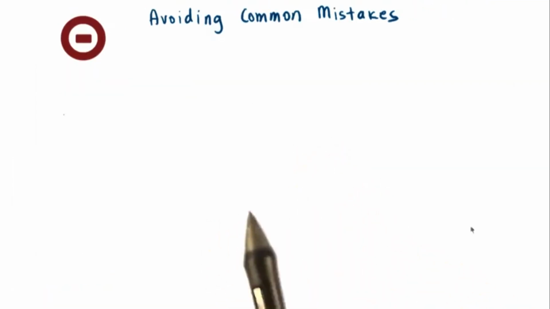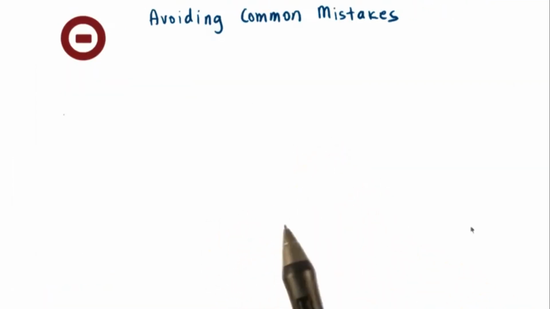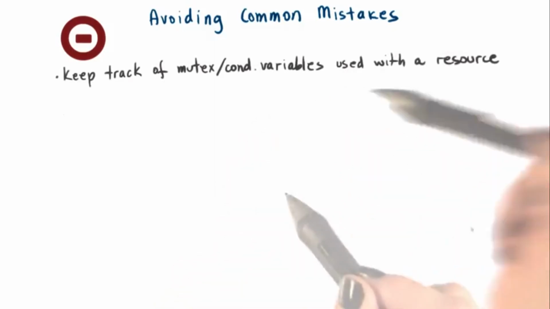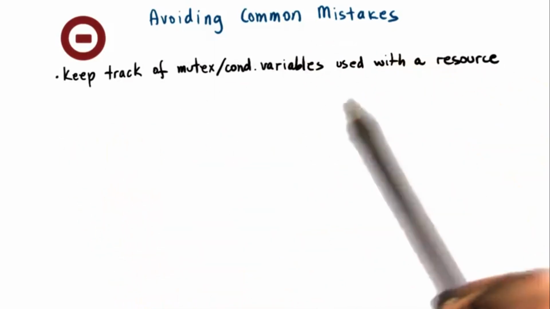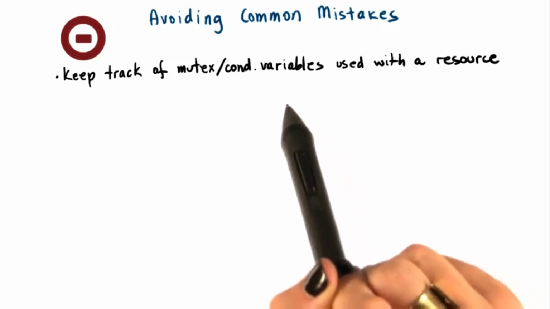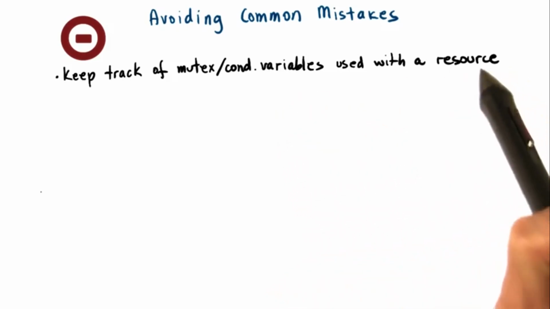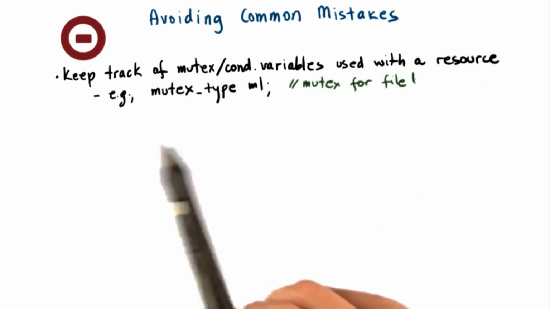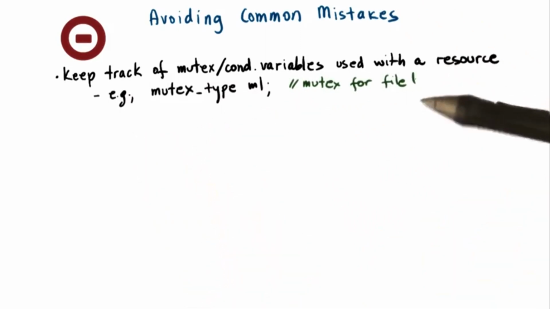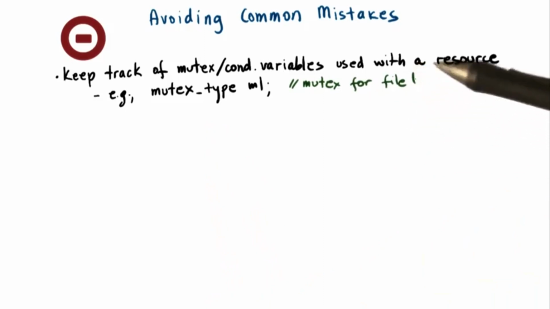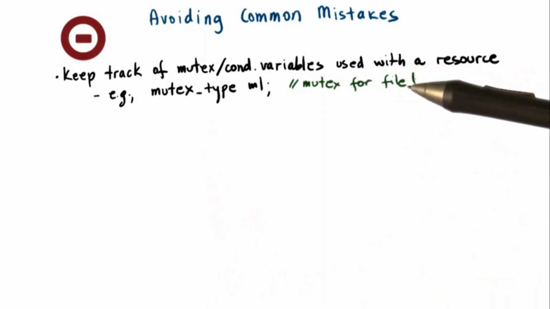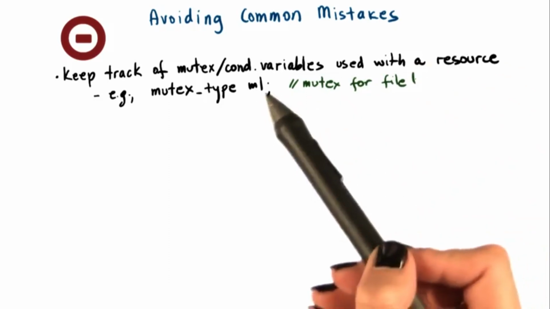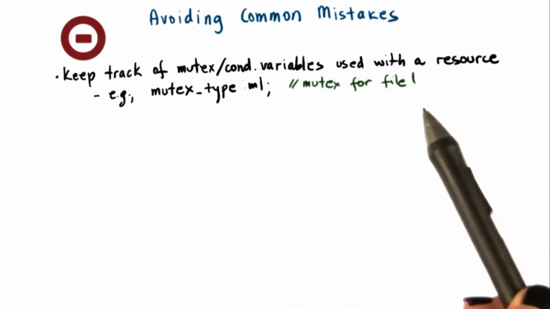Now let's look at some frequent problems that come up when writing multi-threaded applications. First, make sure to keep track of the mutex and condition variables that are specifically used with a given shared resource. What that means, for instance, is that when defining these variables, make sure to write immediately a comment saying which shared resource, which operation, which other piece of shared state you want this synchronization variable to be used with.